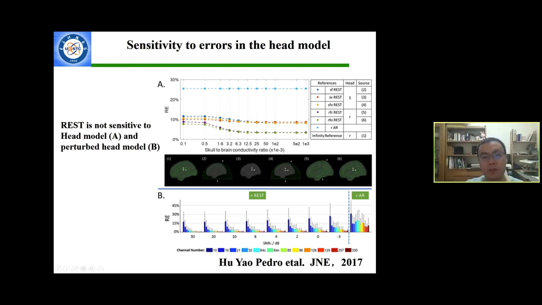In this work, we can see that there are different variants of REST, and the relative errors of the different variants of REST are lower than the relative errors of the average reference, across different scalp to brain conductivity ratios. And figure B shows that for different numbers of channels, the performance of REST is also better than the average reference. This means that REST is not sensitive to the head model and the perturbed head model.